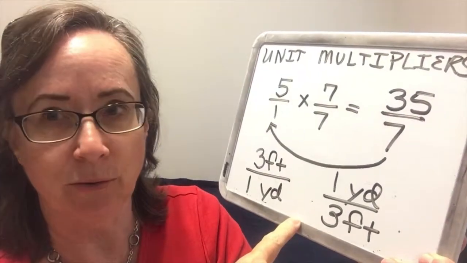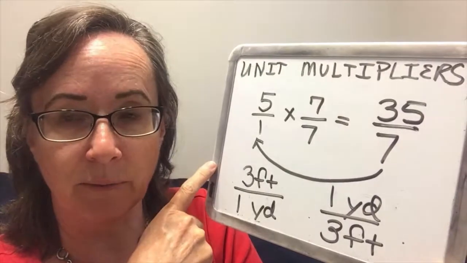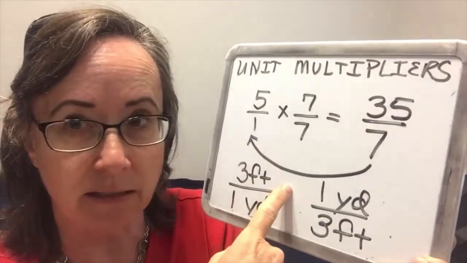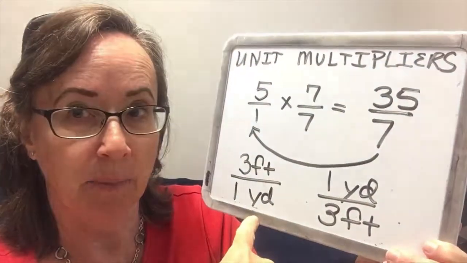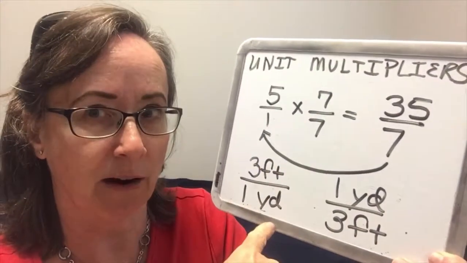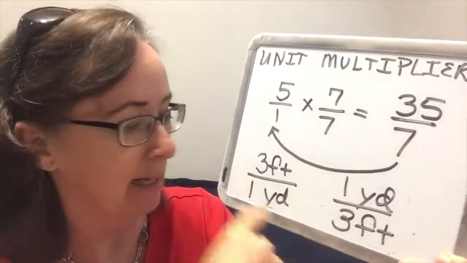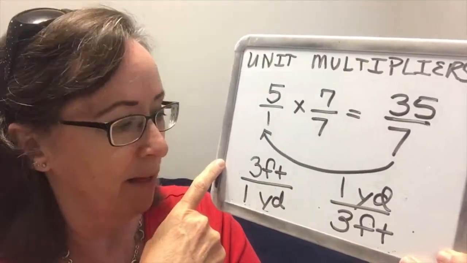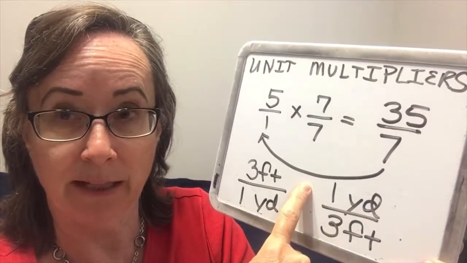So suppose we had a problem that was in yards and we wanted to change it to feet. So we would multiply it by this unit multiplier because 3 feet is 1 yard. So that's 1. They're the same thing on the top and the bottom. But if I had yards over here, then my yards would cancel my yards and I would end up with feet. And that's what I needed.